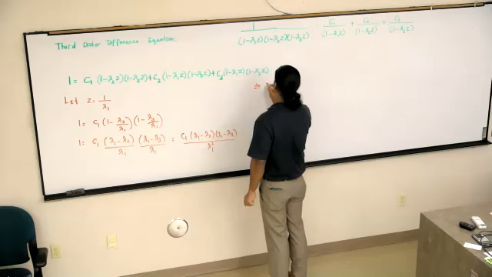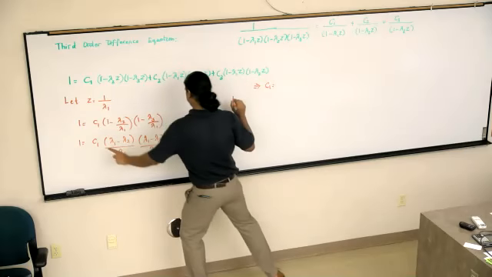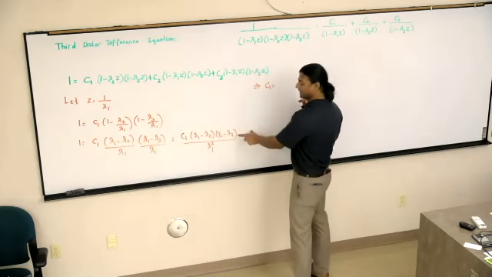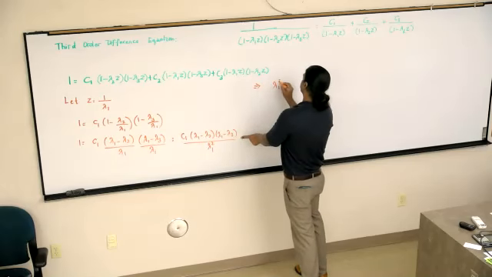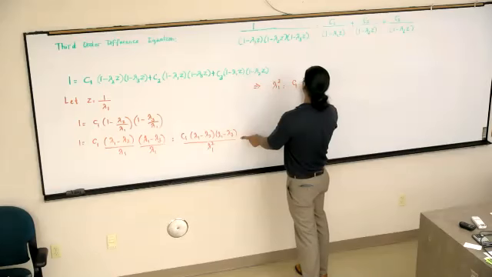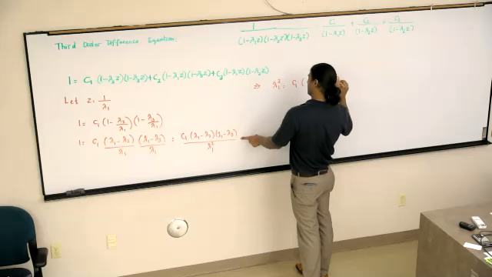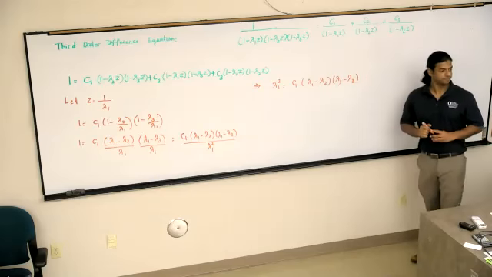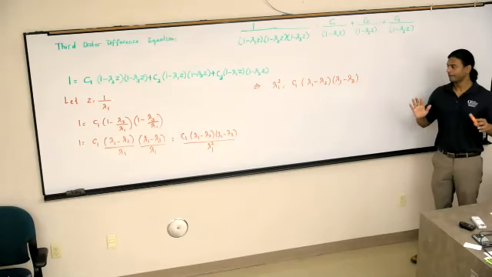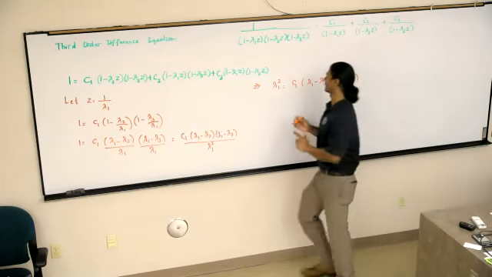Multiply by lambda 1 squared on both sides, so lambda 1 squared is equal to C1 times lambda 1 minus lambda 2 times lambda 1 minus lambda 3. Now I'm going to divide by that term on both sides.